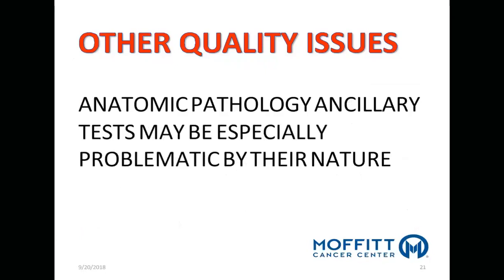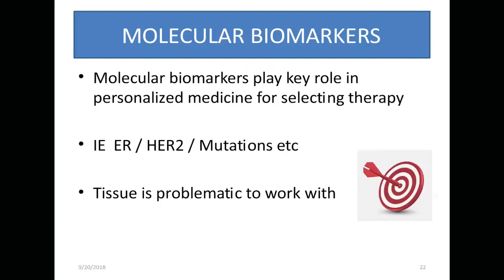Now, moving on to other quality issues in pathology, anatomic pathology ancillary testing may be especially problematic by their nature. And anatomic pathology is really central to many companion diagnostic studies, particularly in solid tumors. Molecular biomarkers play a key role in personalized medicine for selecting therapy and for targeted therapies.